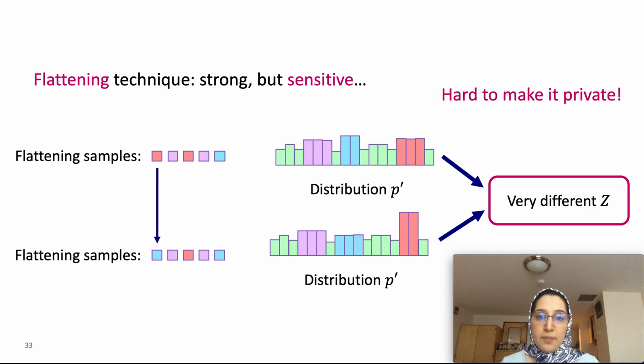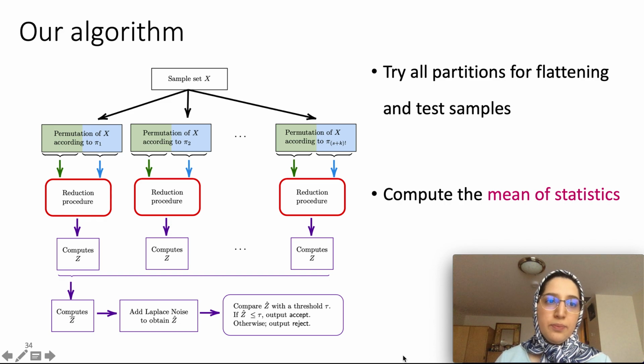and I need to add a huge amount of noise to make this statistic private. To solve this problem, our idea was to essentially run the algorithm multiple times and take the average result. Suppose we received a sample set which is a union of the test sample and the flattening sample.